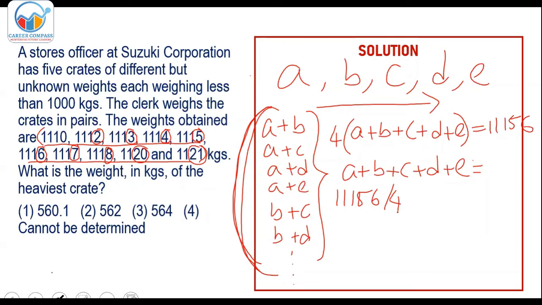And how much is that? So 11156 divided by 4. Very quickly, guys, how much is that? Yes, that is 2789, right?